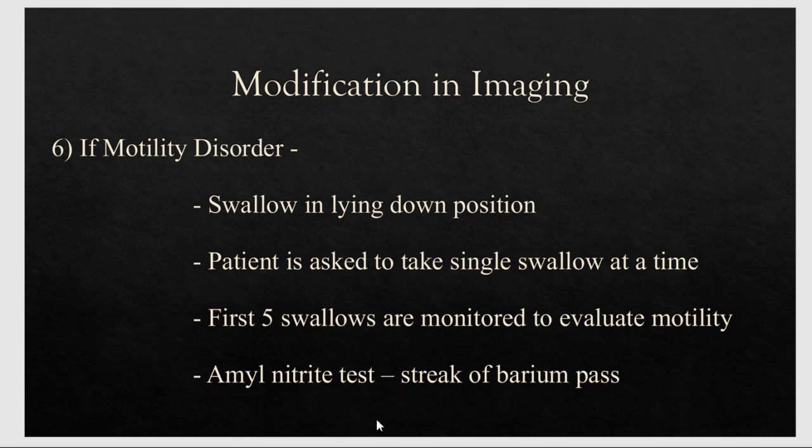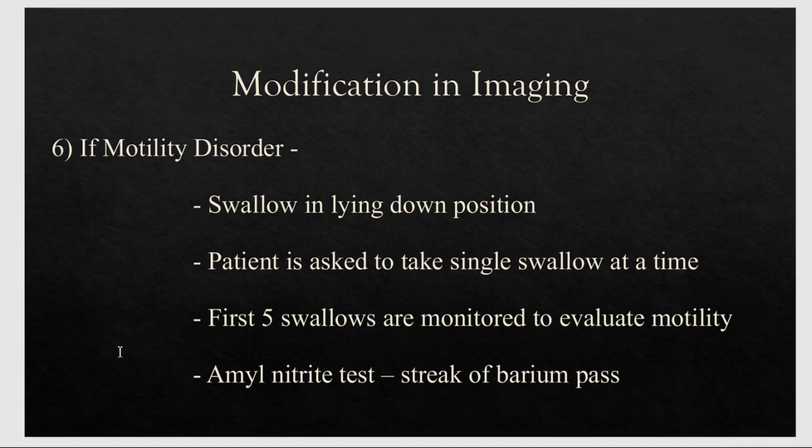There is a test known as the amyl nitrite test, which I'll come to. Whenever we give amyl nitrite, the streak of barium may or may not pass through, depending on the type of disease the patient is suffering from.